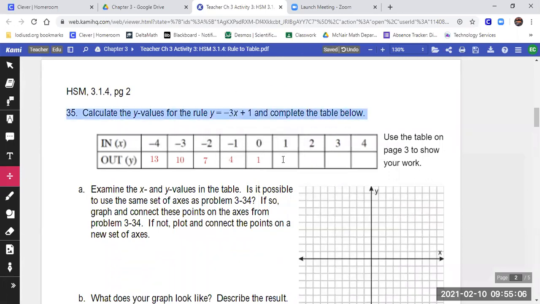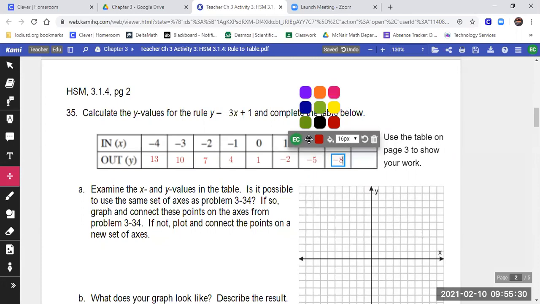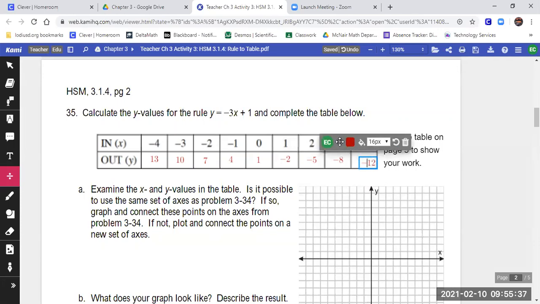I'm just copying the stuff from down below, and I'm doing it because I know I'm supposed to subtract 3 over and over. I put the first one in and I just do that instead of having to go back and forth and look. Last one. Okay. Any questions about that?